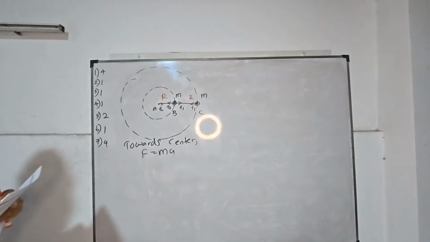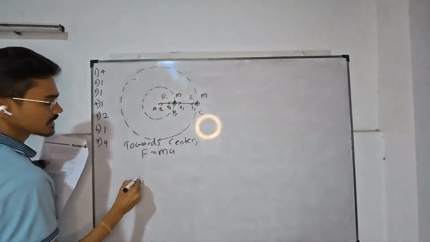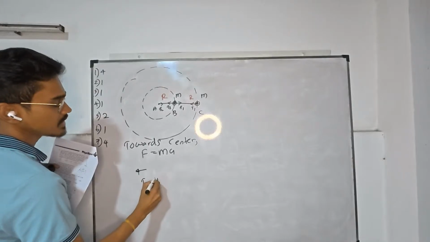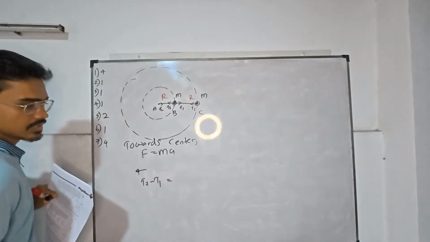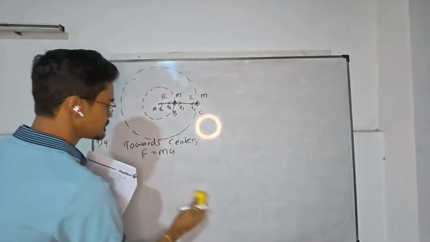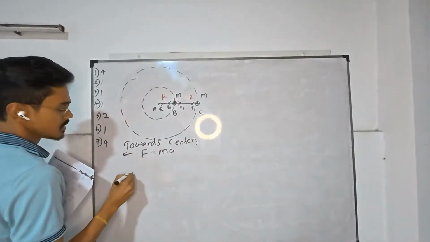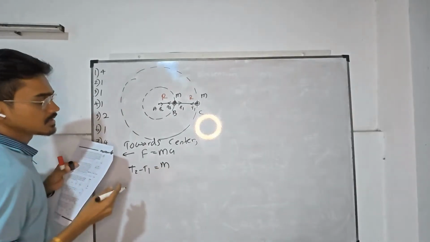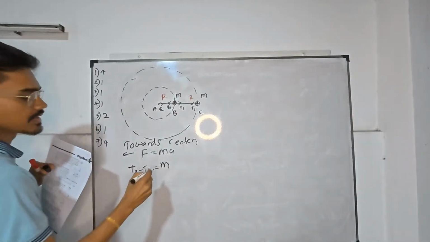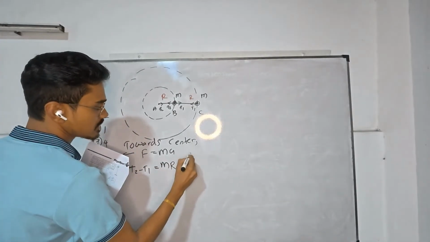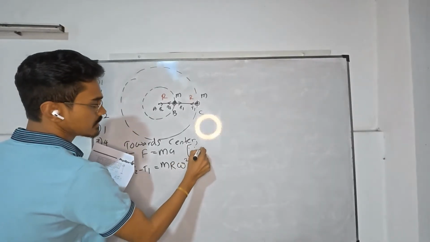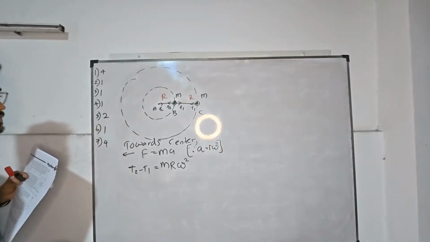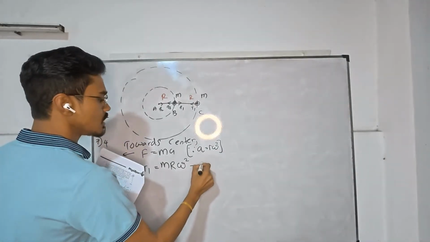If we apply F equals MA towards center, what we get is T2 minus T1 equals M times A. A can be written as R omega squared, so M R omega squared, because A equals R omega squared. I will consider this as equation 1.